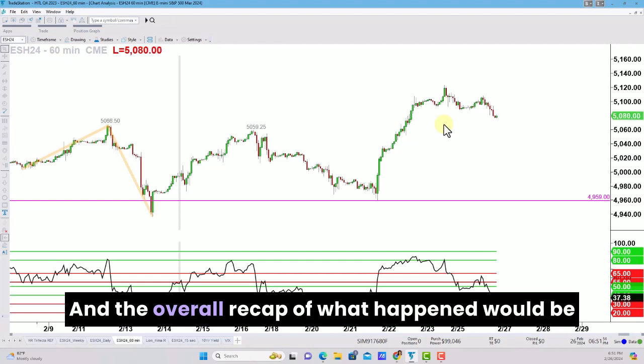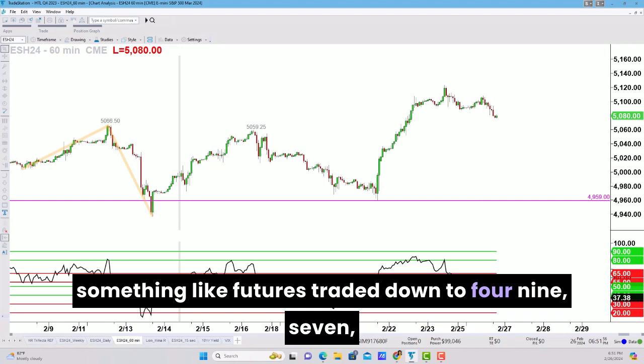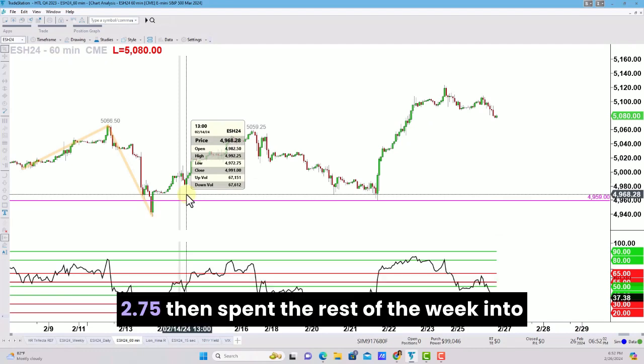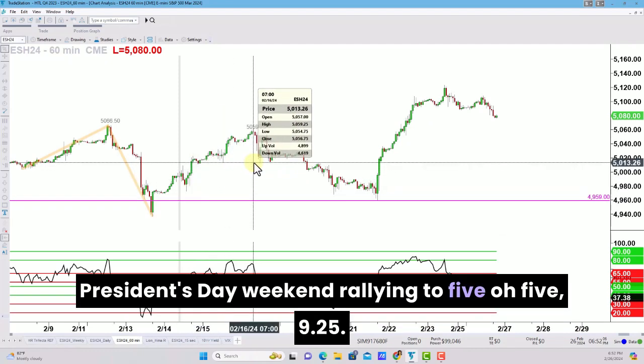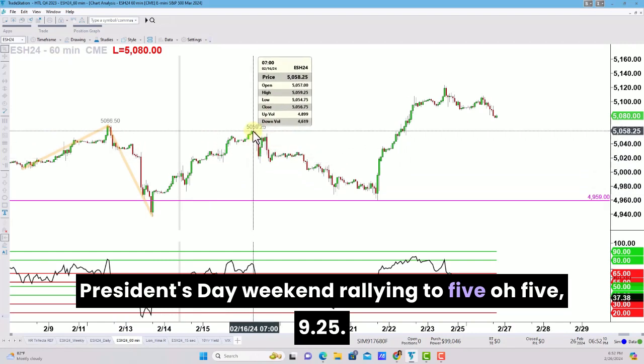The overall recap of what happened would be something like: futures traded down to 4972.75, then spent the rest of the week into President's Day weekend rallying to 5059.25.